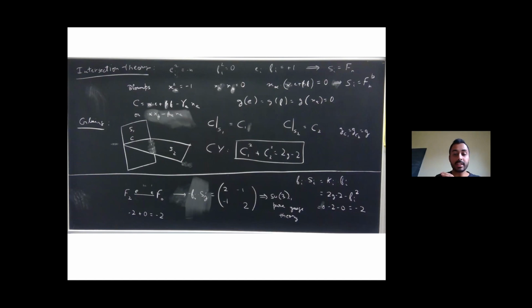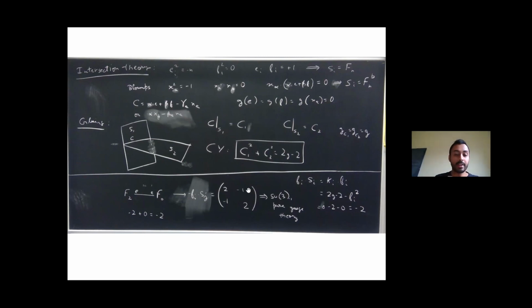Using the adjunction formula, you can describe this intersection in terms of the genus of f and the self-intersection of f. If you put the numbers together, you find -2. So this fixes the sign to be minus, because the Cartan matrix must have a diagonal entry of +2. So you find that all the diagonal entries have to be +2.